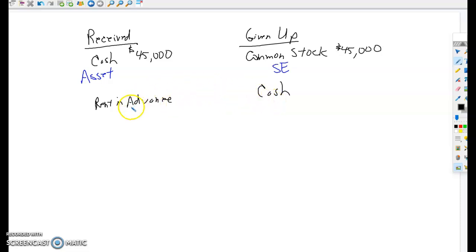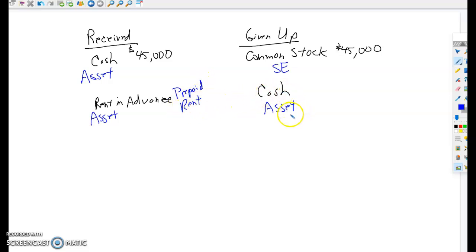In exchange, we've got rent for 2 years. Since we have not used this rent, this is an asset. It's something I own. I haven't consumed what I own yet. Cash is also an asset. So I've got rent in advance, and we're going to call that prepaid rent. That will be the account name.